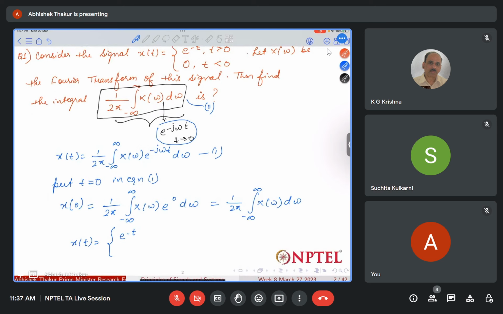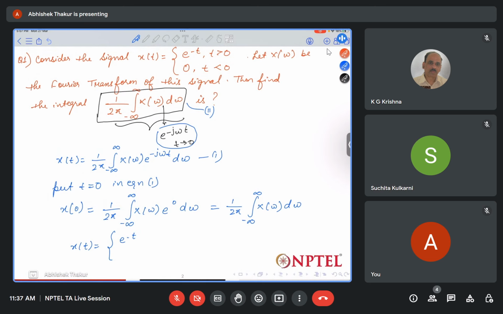So x(t) is e raised to the power of minus t when t is greater than 0, and 0 when t is less than 0. So at t equal to 0, it is not defined. We will use the Gibbs phenomenon, which is used to evaluate the value of a function at discontinuities.